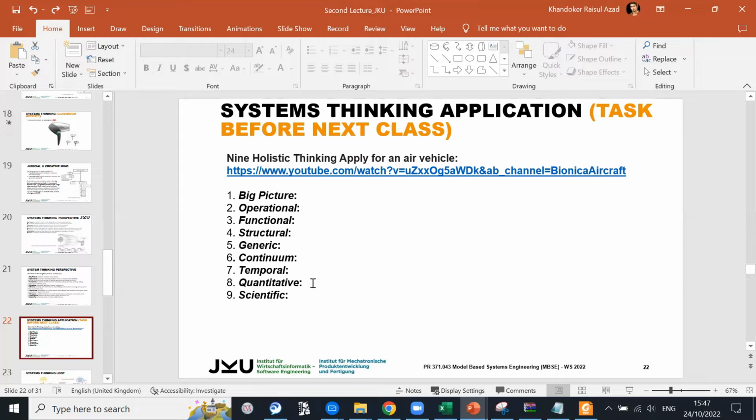Yeah, the big picture, I think, is it's a transportation vehicle. Like an all-rounder vehicle for driving, but also for flying. Because I think it's an air vehicle.